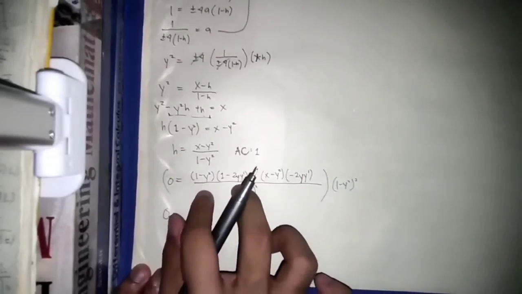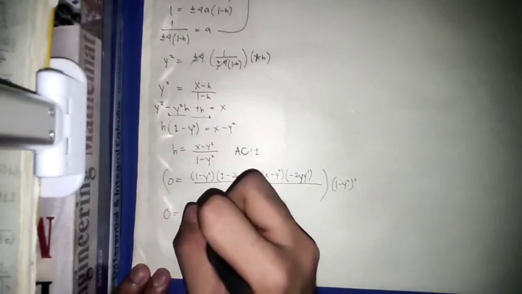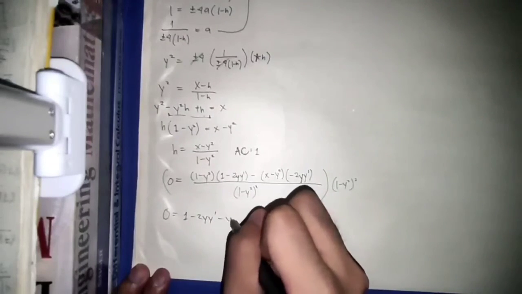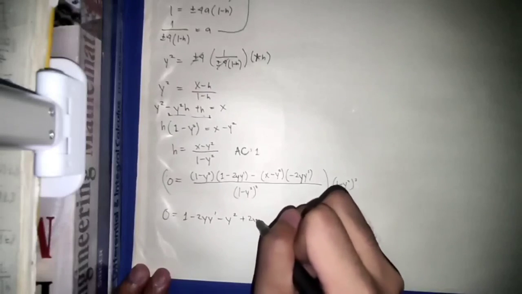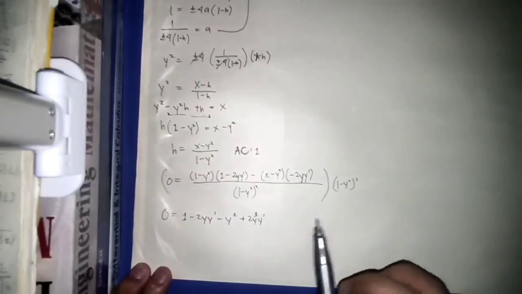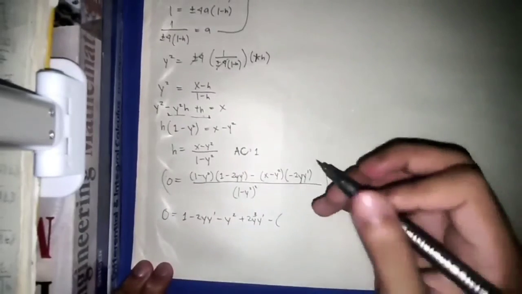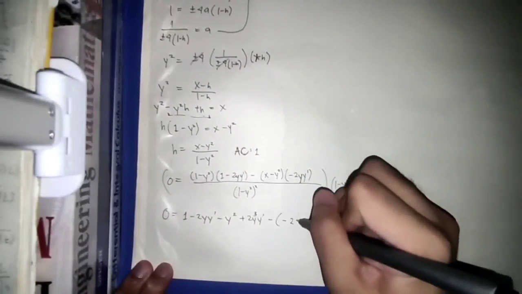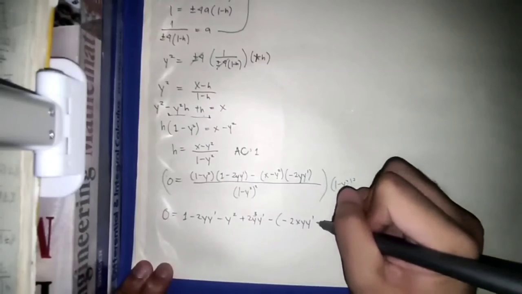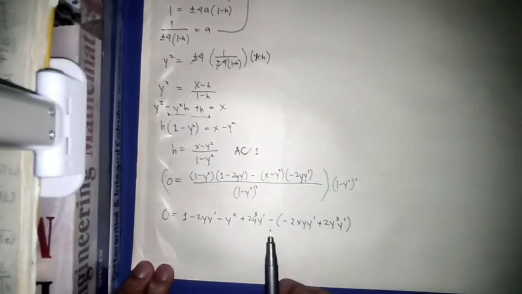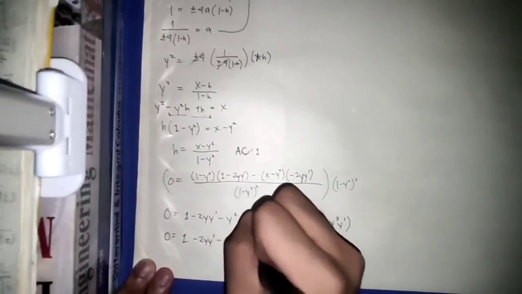Now let's try to expand these two quantities, giving us 1 minus 2y prime minus y squared plus 2y cubed y prime minus, let's expand this. We have negative 2xy y prime plus 2y cubed y prime, and let's distribute this negative in this quantity.